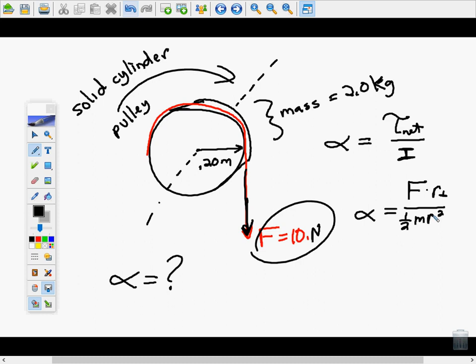But I'm just going to let it be, and if you substitute in the values here, you get 10 newtons times 0.20 meters, and in the bottom here you get 1/2 the mass of 2 kilograms times 0.20 meters, but that radius in the denominator gets squared. And then if you crunch that out, what did we get yesterday for the angular acceleration?